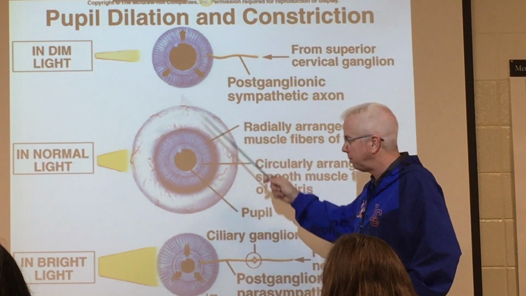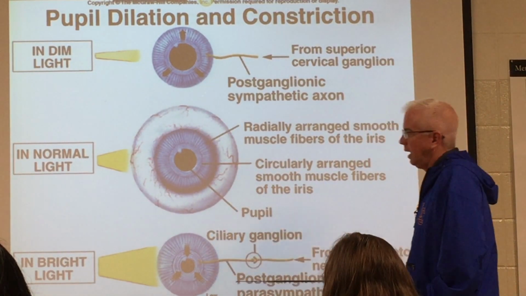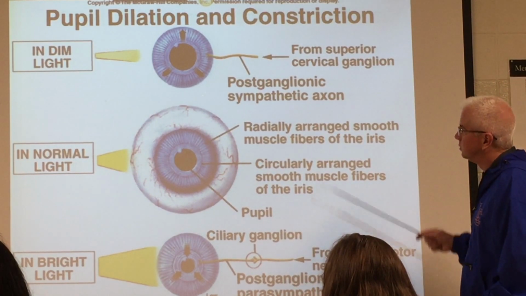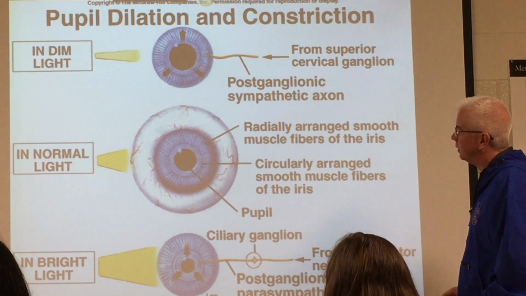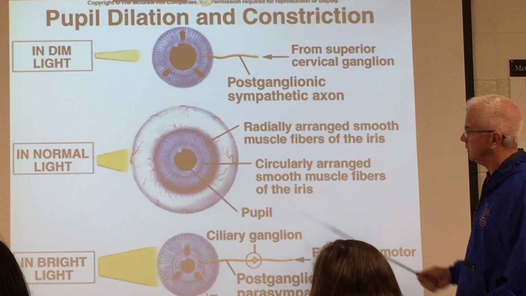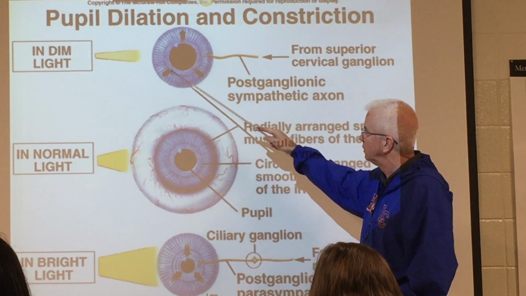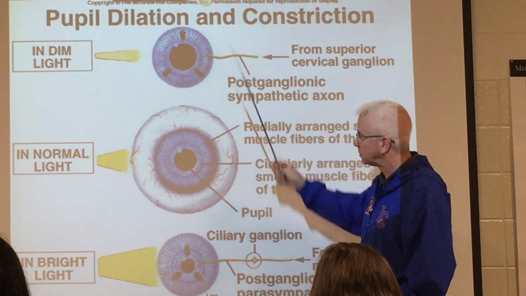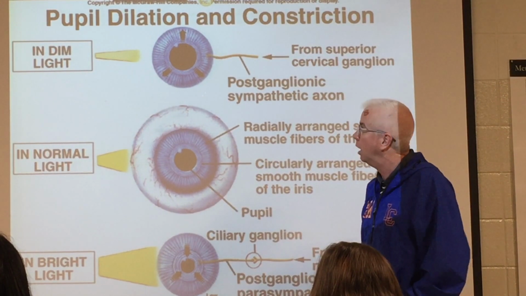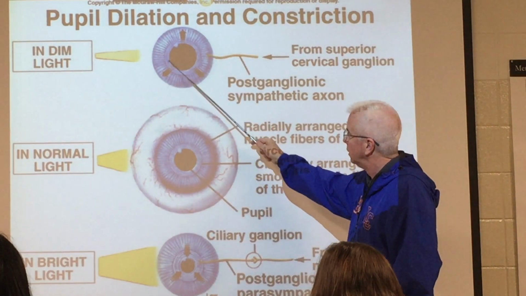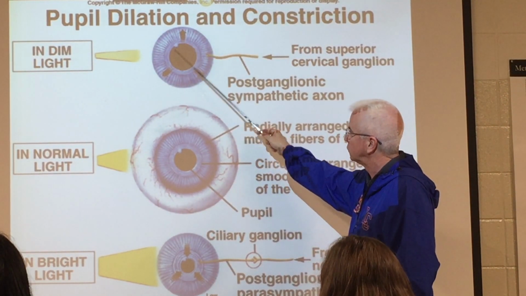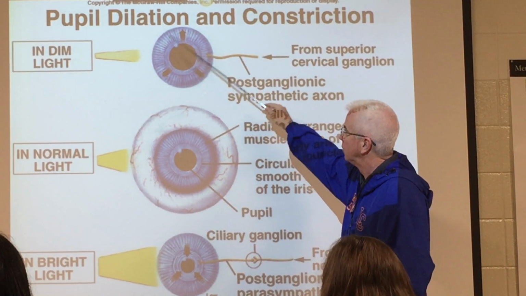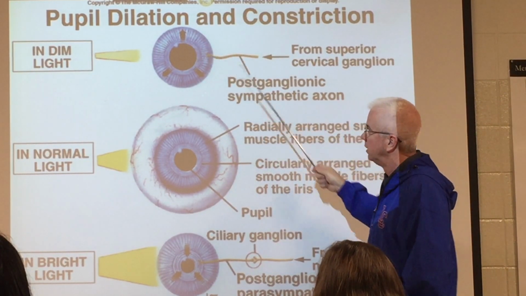So this shows you what happens when light hits the eye, and the illustration here is intended to reteach you, again, the autonomic nervous system control of this. Notice that the pupil is surrounded by smooth muscle. There's a constrictor layer here, or a circular layer, and then there's a radially arranged layer on the outside of that.